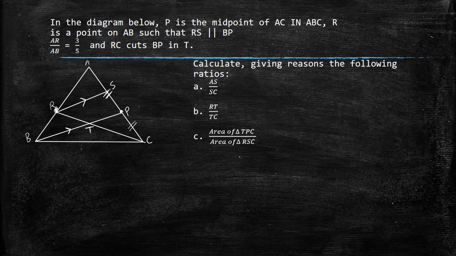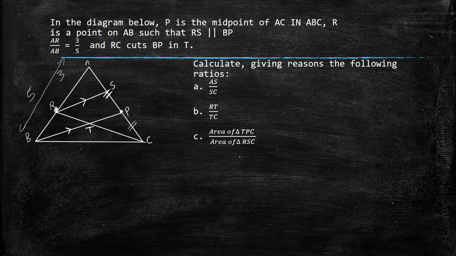How do we represent a ratio? If they give you the ratio AR over AB is 3 over 5, that does not mean that AR is 3 and AB is 5. It's a ratio, so there's a certain variable multiplying with that value.